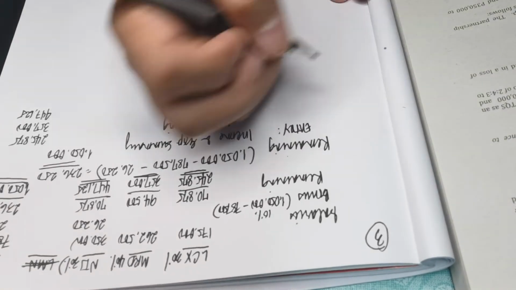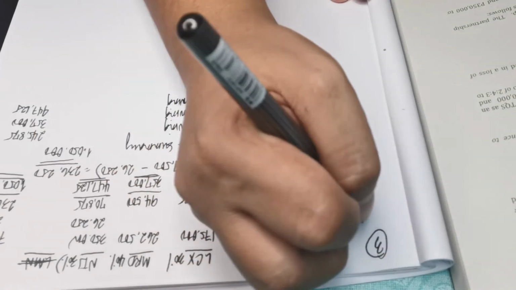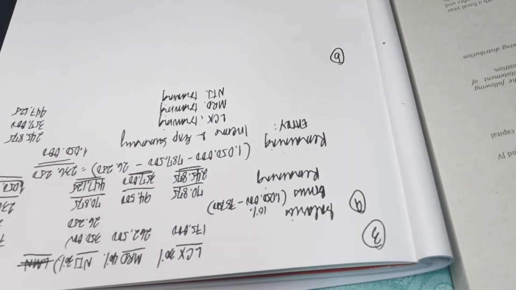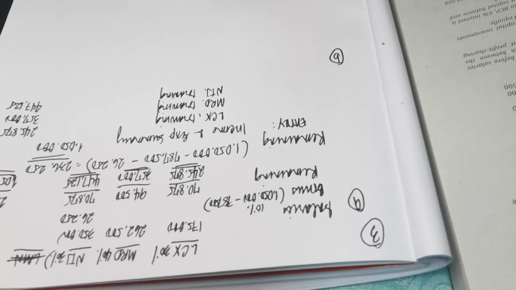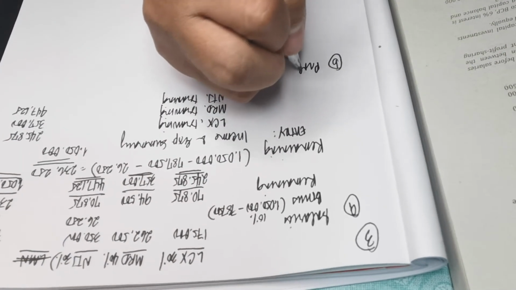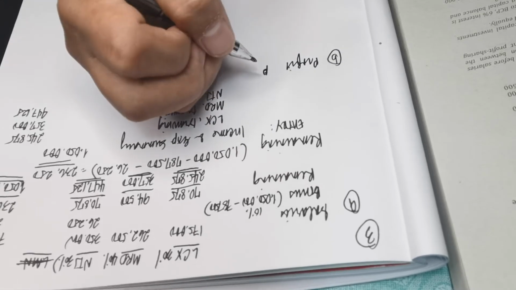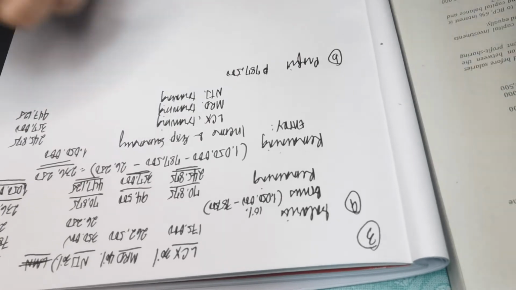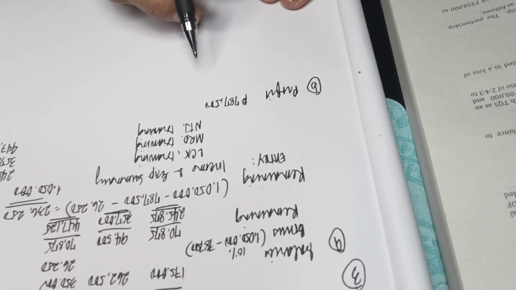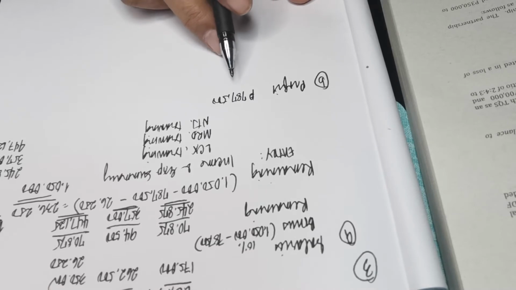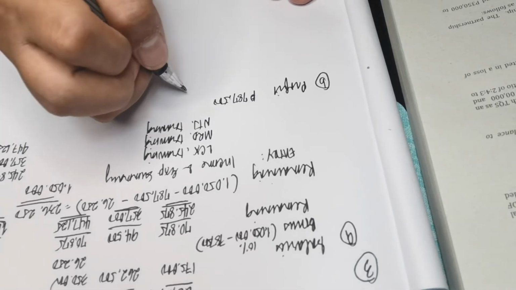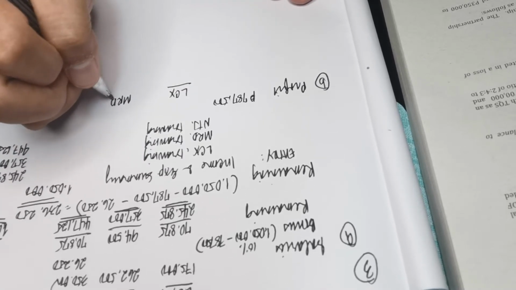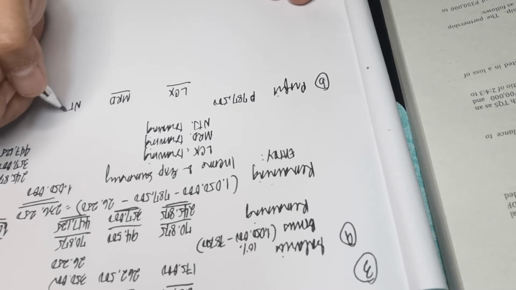Okay, number 4. Ay, this is letter A. Letter B. Profit is 787,500. Okay. So assuming that the profit is 787,500. Okay, so si LCX, si MRD, and then si NTJ.